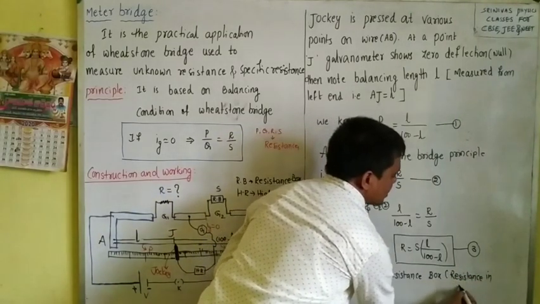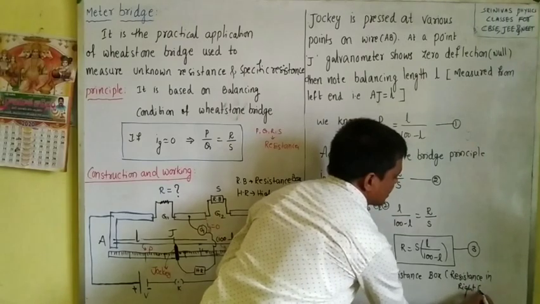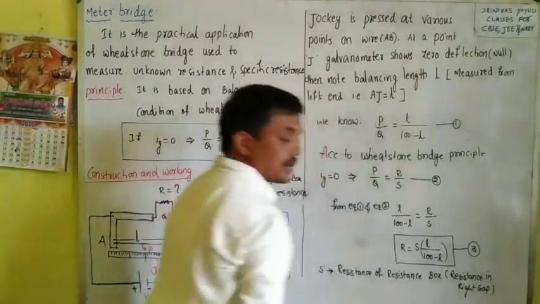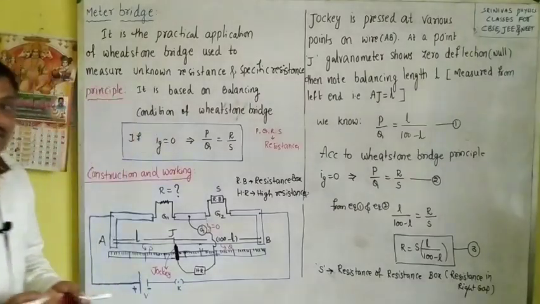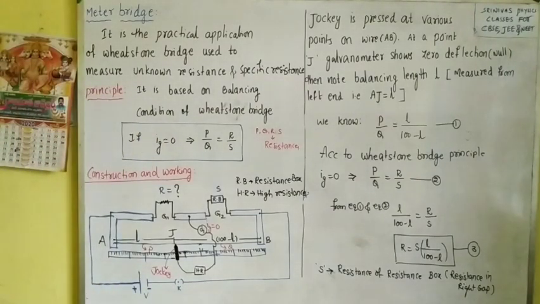Now, what is R? R is the resistance in the left gap.